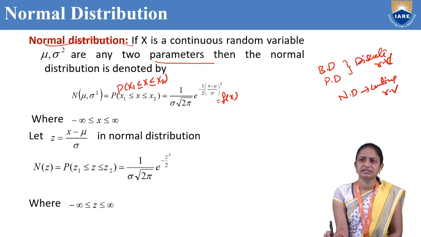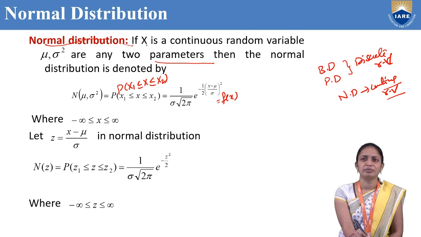So what is a discrete random variable and what is a continuous random variable? A discrete random variable is one where the range of the random variable is finite. If the range of the random variable is infinite, or an interval of two real numbers, then it is a continuous random variable.